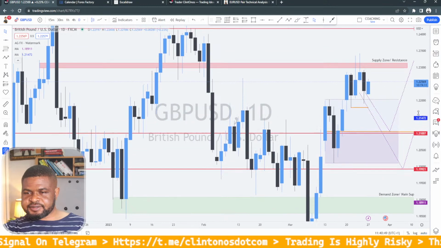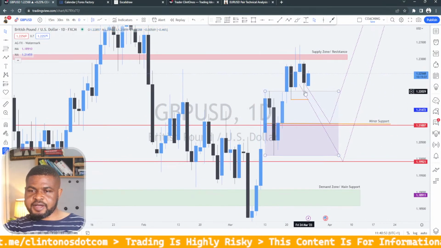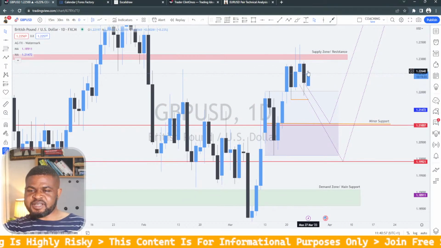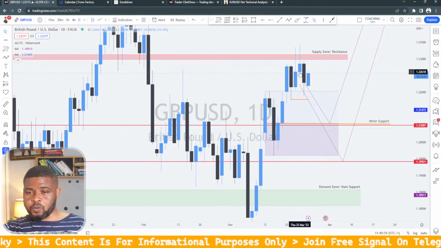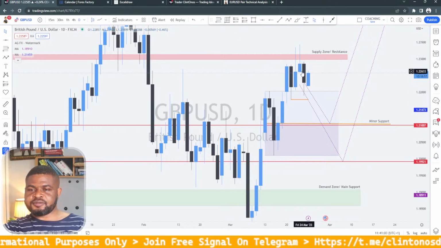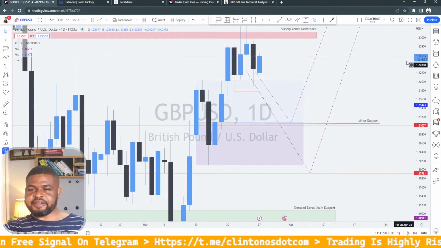All right. Okay, I expected the price to pull down, but it's currently pushing up. Why? Probably test this region again, or just test this open right there and reject.